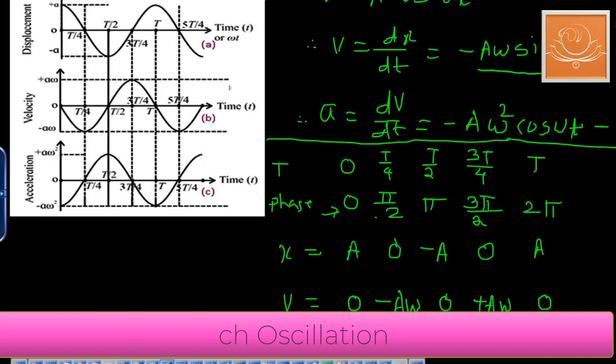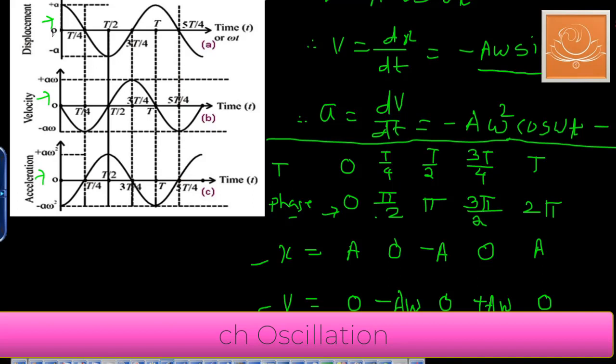Now if we plot a graph of displacement versus phase, acceleration versus phase and velocity versus phase, the graphs are like this: displacement and time graph, velocity and time graph, acceleration and time graph. If we draw the conclusions from this graph, they are the same as the previous conclusions.